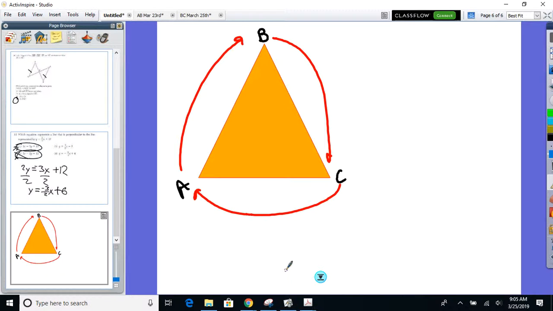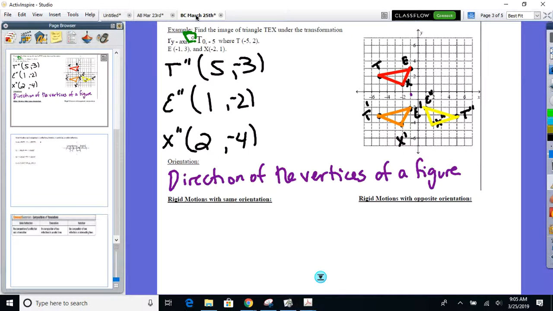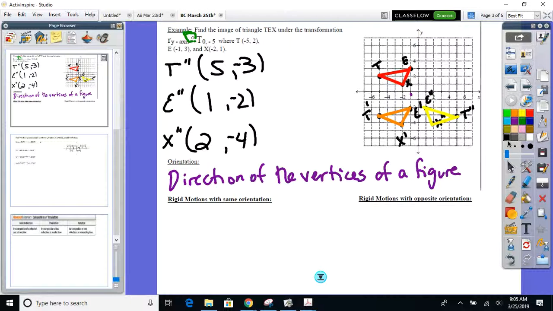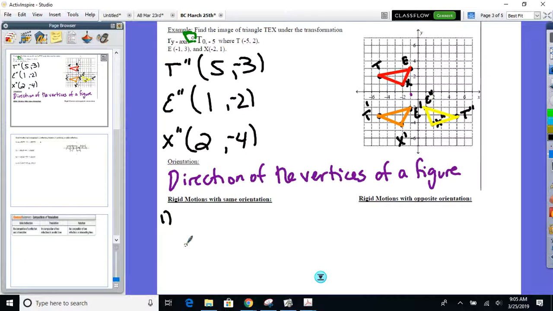So because they still would be going clockwise, we consider a translation. Why do we consider it a rigid motion? Shape and size doesn't change with same orientation, because we said if we went ABC, it would still be clockwise. So a translation would be a rigid motion with the same orientation.